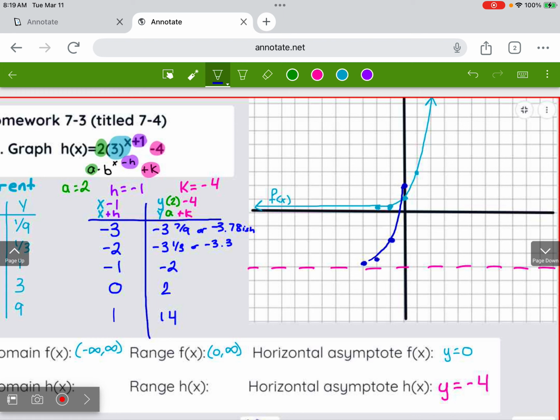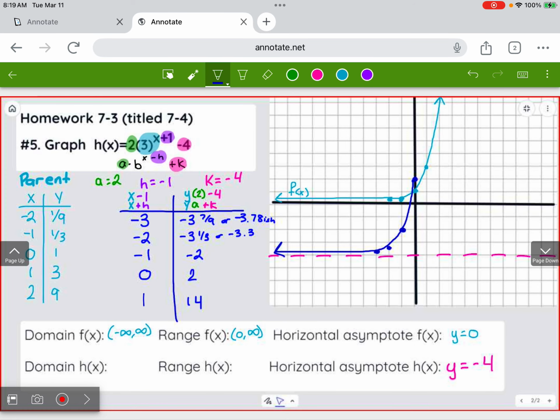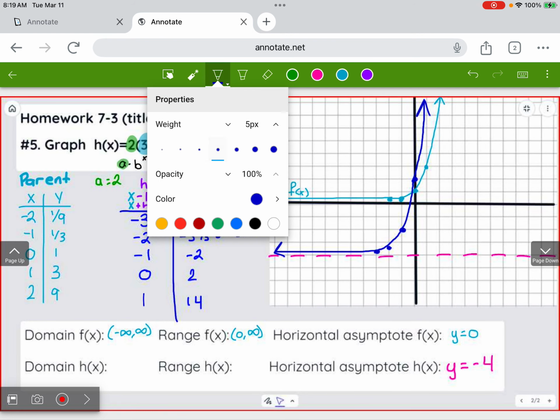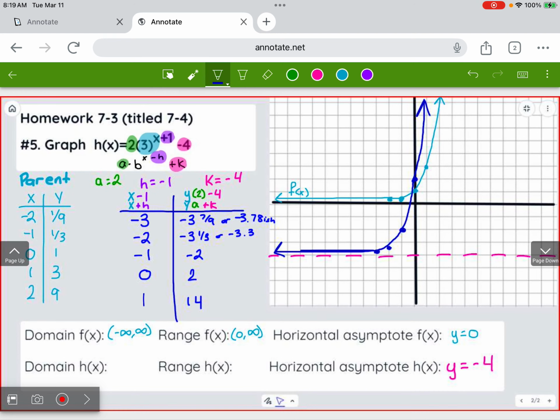So our graph is going to look something like this. Making it a little bit thicker.